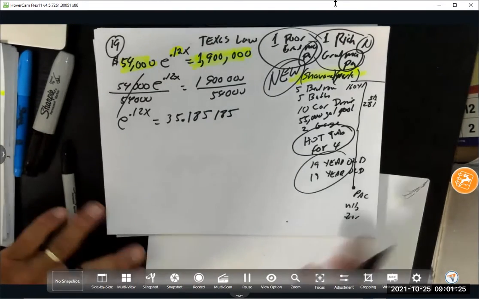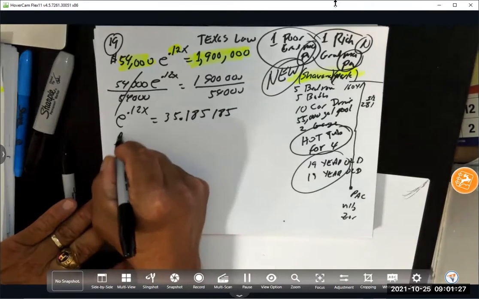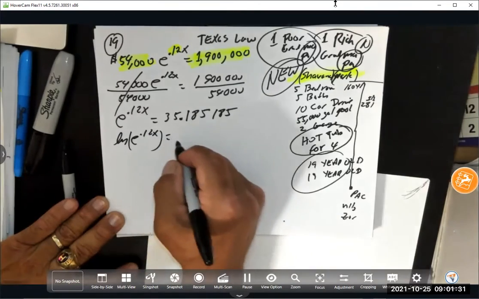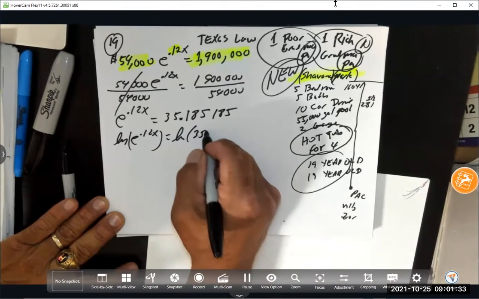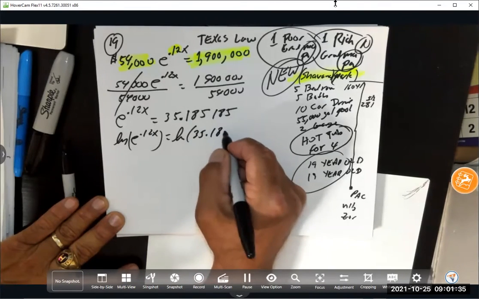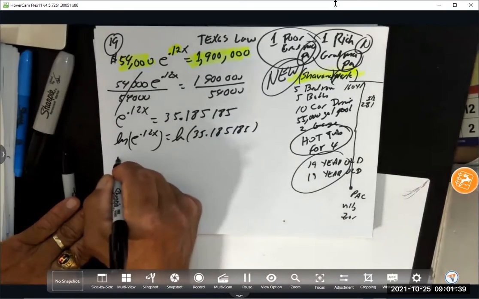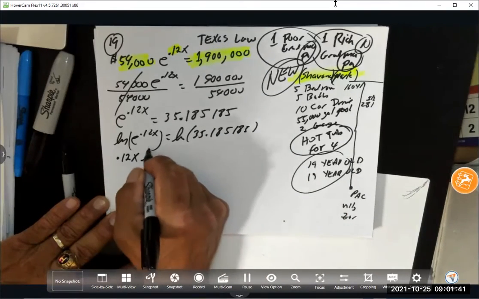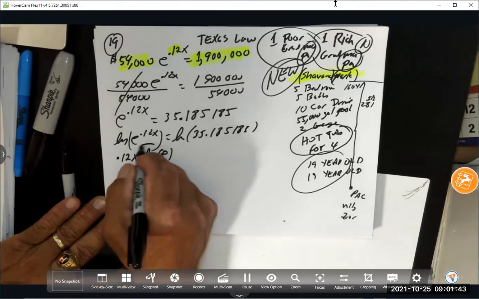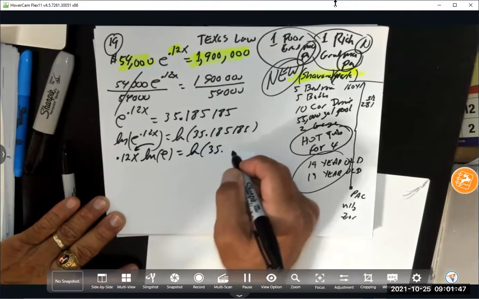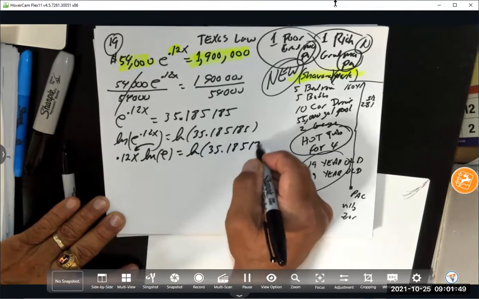All right, now I'm going to take the log of the left side, and I'm going to take the log of the right side. Now the power always goes to the front, so it goes right in there, equals the log of 35.185185.